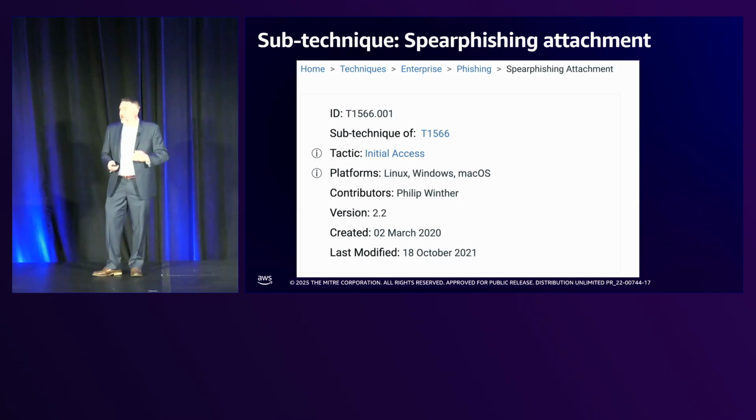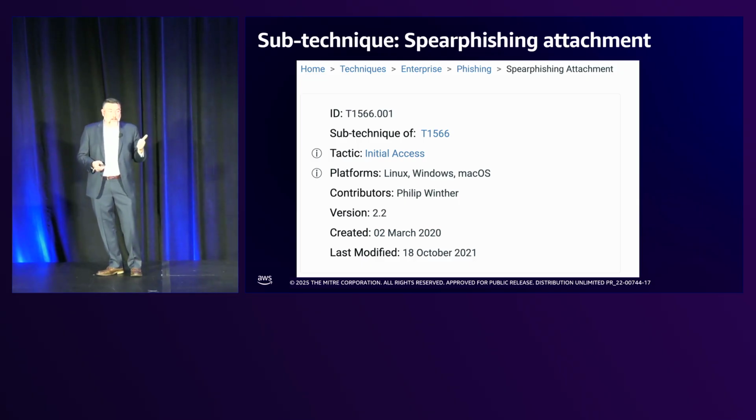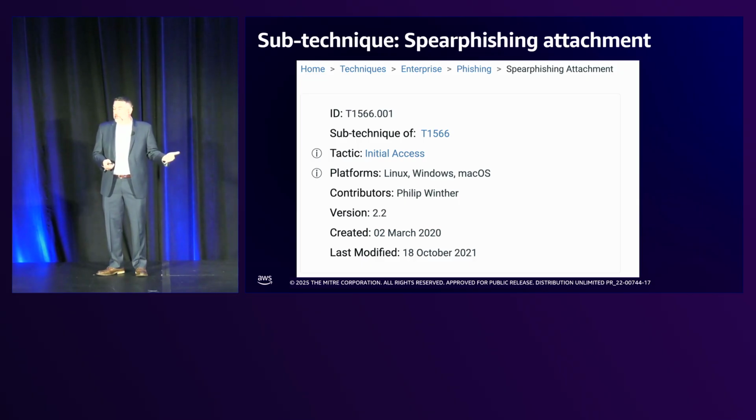But if you dig down just a little deeper, either at the technique level or at the sub-technique level, you'll see that ID. Each one of the techniques or sub-techniques is uniquely identified by an ID number. And you'll see that right here, T1566.001 is a sub-technique to the technique of T1566, phishing.